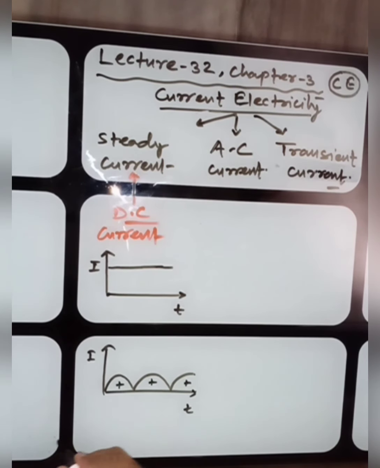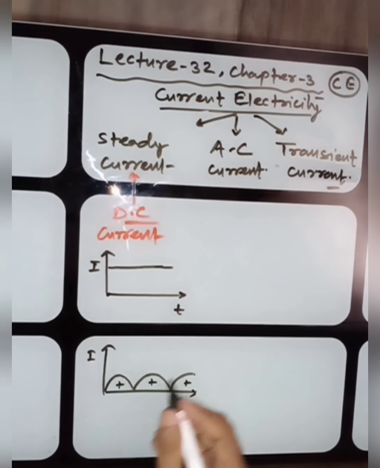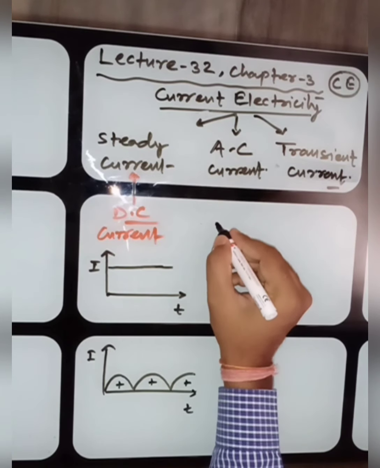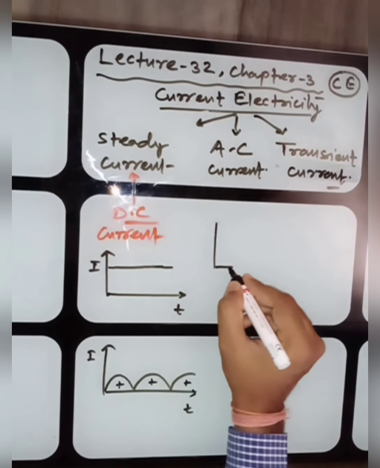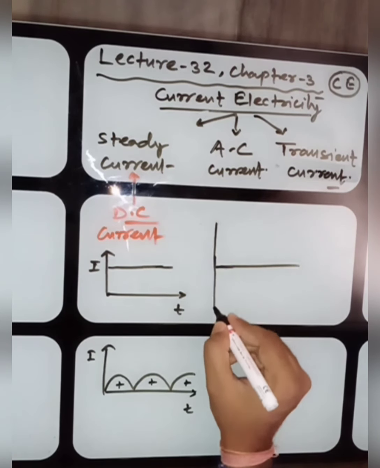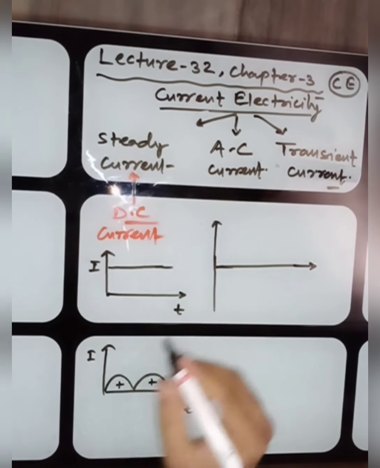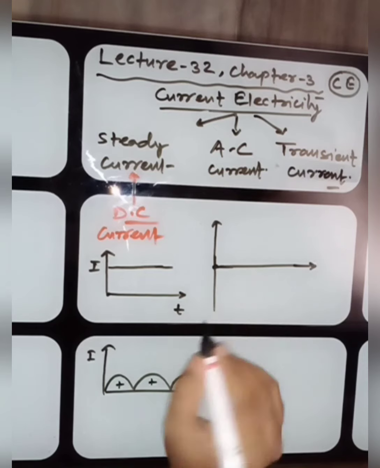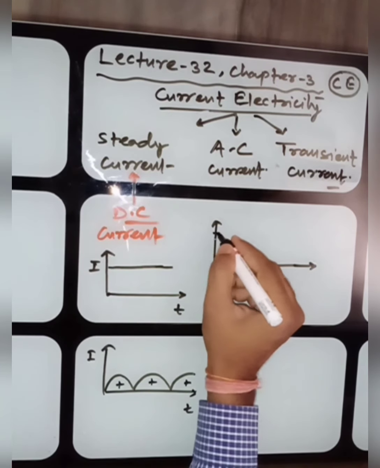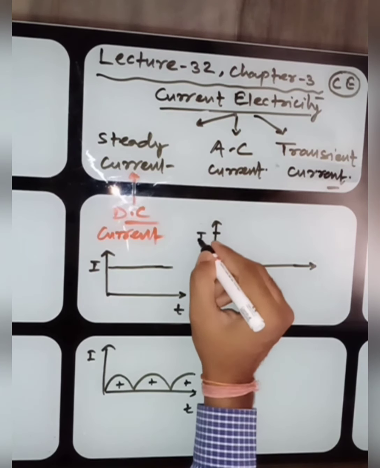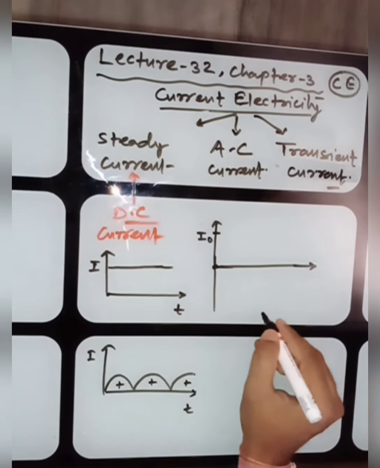Now AC, what will be the nature of AC, my dear student? So the nature of AC looks like this. We will study in detail about this AC in our course of standard 12. The peak value of alternating current is I naught.